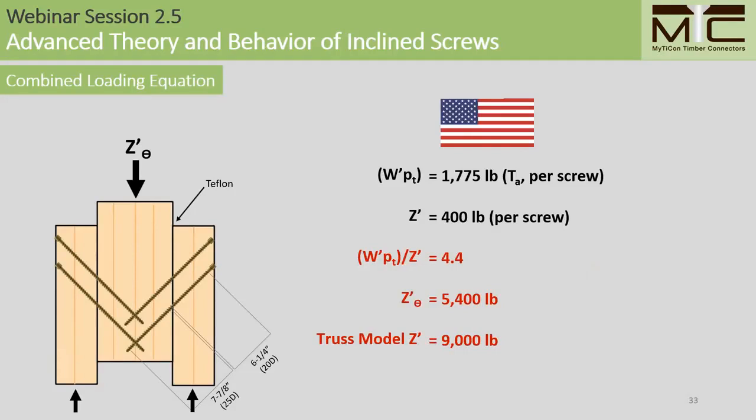Our ratio between the axial and lateral capacities is now 4.4. The combined loading gives us an adjusted combined loading value of 5,400 pounds with 8 screws. And when we compare this to the Truss model, we have 9,000 pounds. So now we see that there's a big difference between the two models. And this indicates that the combined loading equation is probably coming up short.